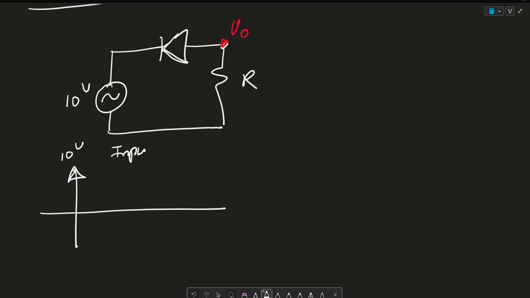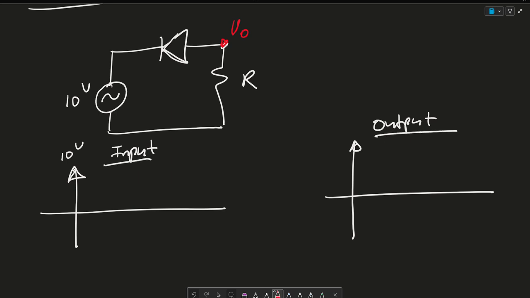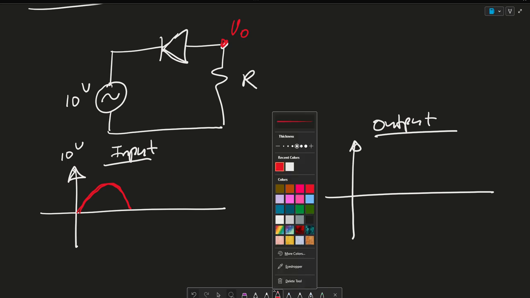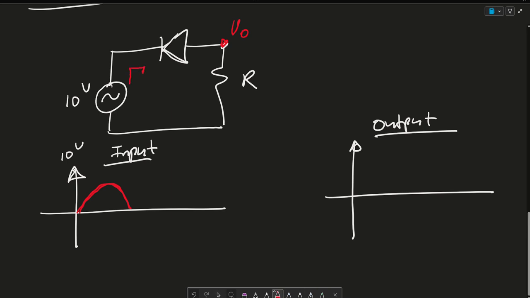This is our input, and our output. When we input a positive waveform, that means the current is going in this direction. This becomes reverse bias, or open circuit. As a result, no current flows through it.